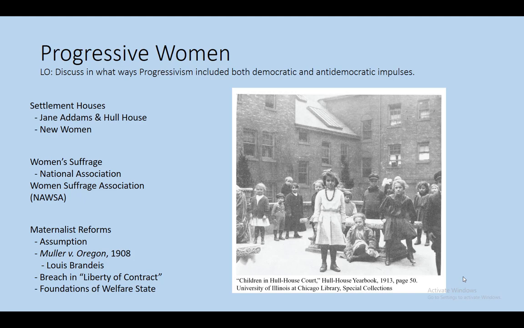Now, ironically, the desire to exalt women's role within the home did a lot to inspire the reinvigoration of the suffragist movement. And we talk about this in terms of maternalist reforms, right? Because this idea that women were supposed to be the breadwinners, or not the breadwinners, but the domestic caretakers, that they were supposed to be the ones taking care of their families and nurturing their families and creating wonderful, relaxing, peaceful homes.